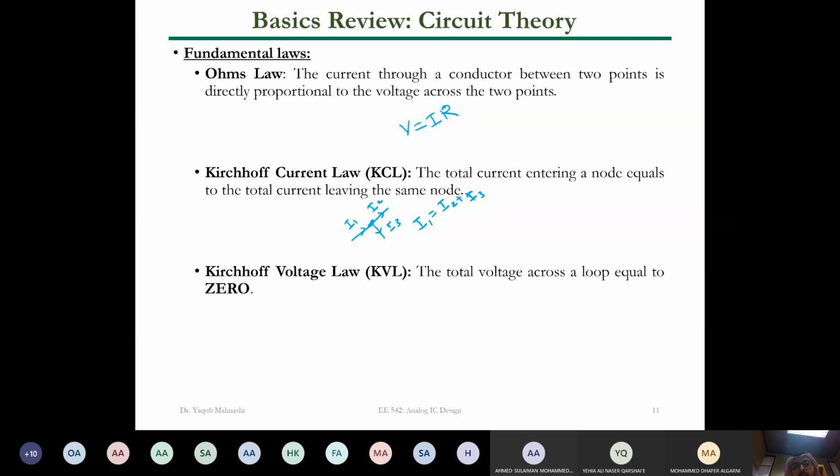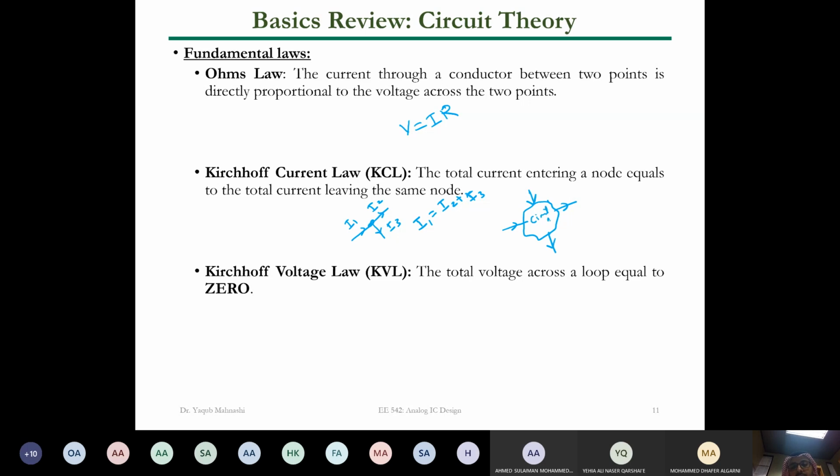And what is good about the KCL is that you can also do that for a supernode, for a circuit. So if you have, for example, this circuit, with a current coming in here, a current going out, another going out, and another coming in, and you don't care about what is going on inside, the internal details or nodes of that circuit.